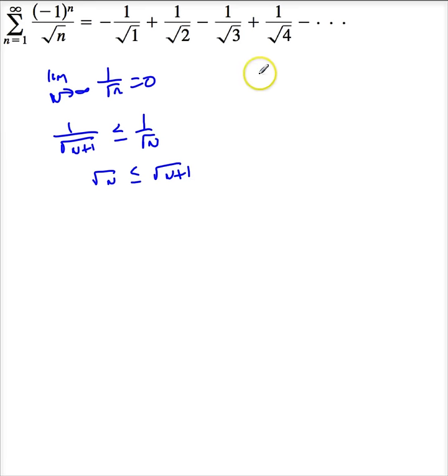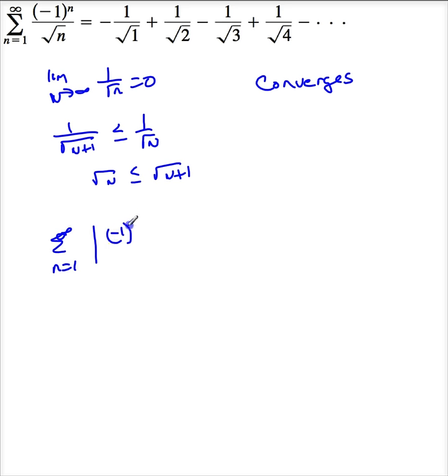So we know at minimum it converges at least conditionally.